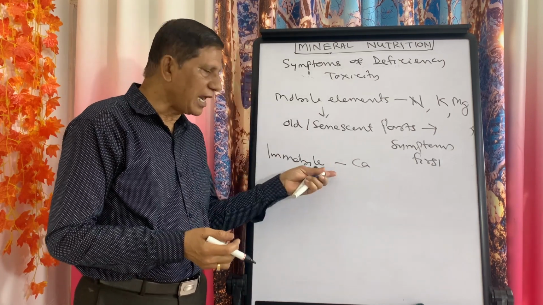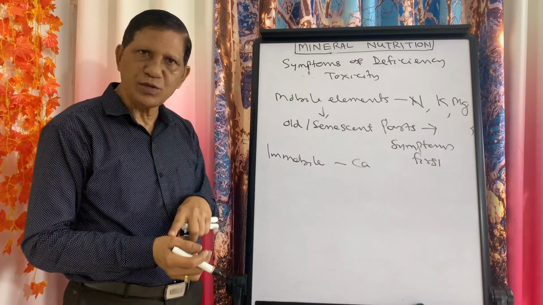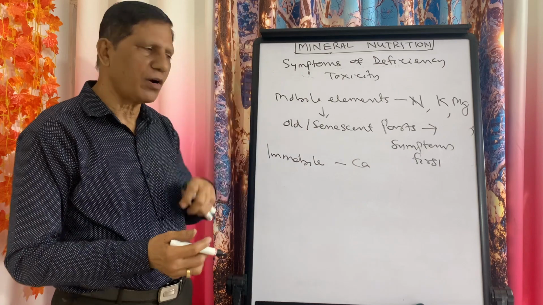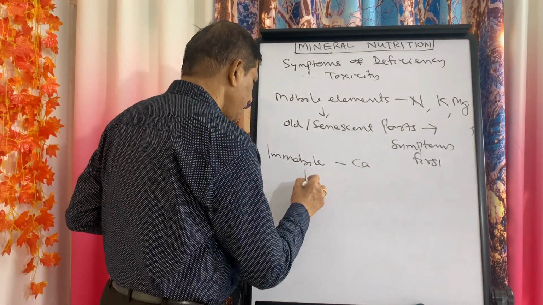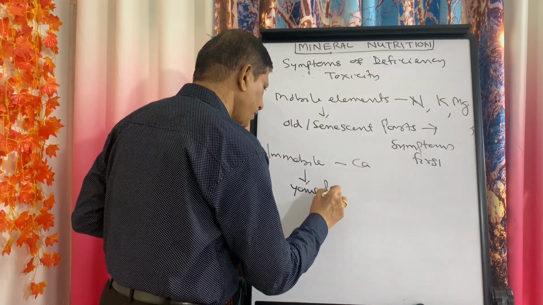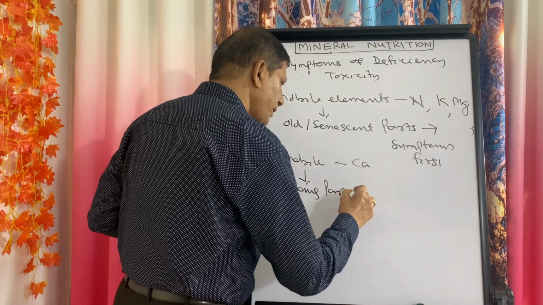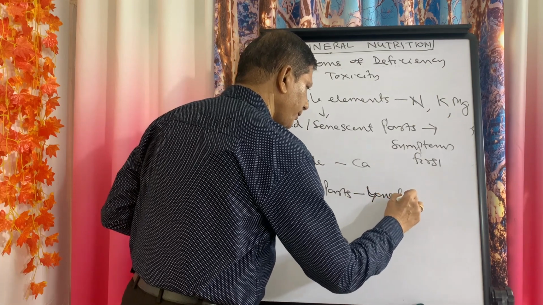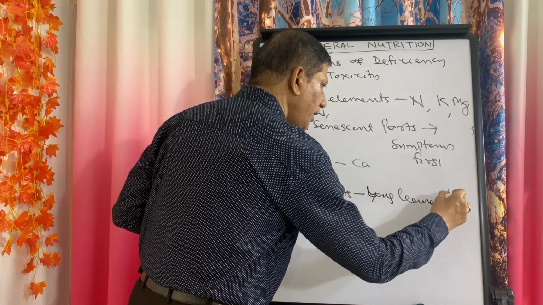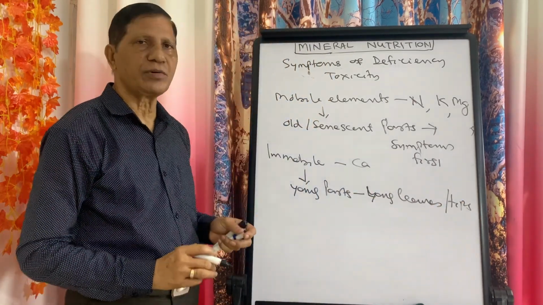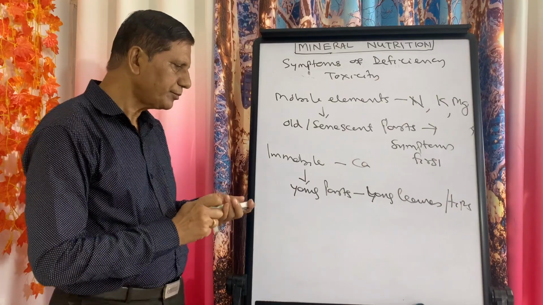So when calcium is deficient, naturally the first symptoms will appear in the young parts of the plant body, like the young leaves or tips. This is very, very important from the examination point of view.